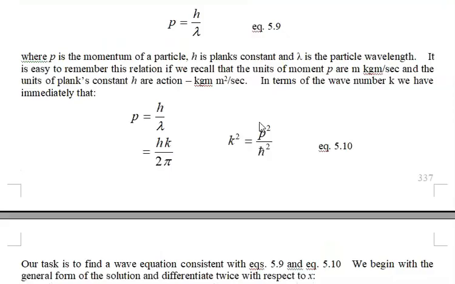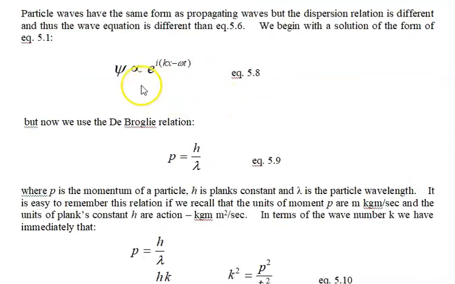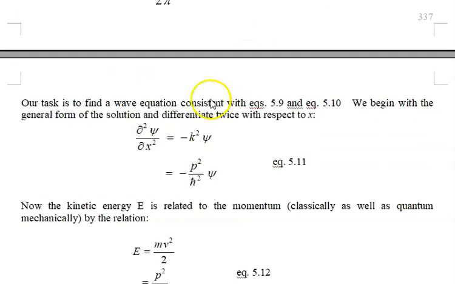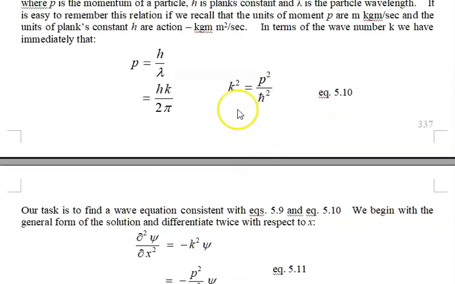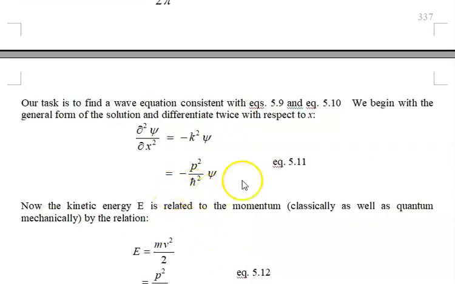And therefore, we take this simple equation right here, the wave function, and we differentiate it twice with respect to x, and we bring down a k squared, and then we substitute for k squared, and we get equation 5.1.1. Equation 5.1.1 refers to chapter 5, so almost all of the equations in this session will be 5.1, 5.2, 5.3, chapter 5.